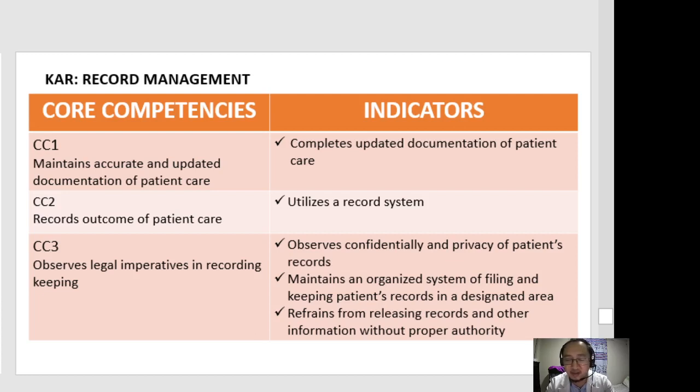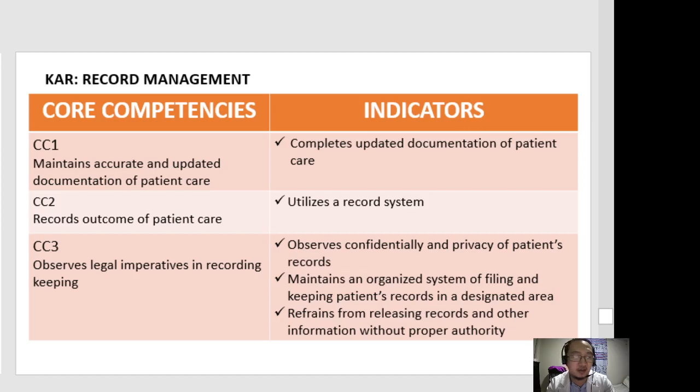Just like what I mentioned earlier, there must be a permission coming from the proper authority of an institution to release some, but not usually all, information regarding the patient. It's a case-to-case basis.